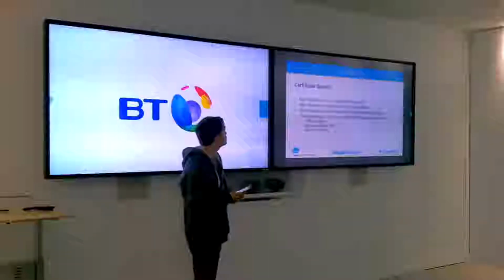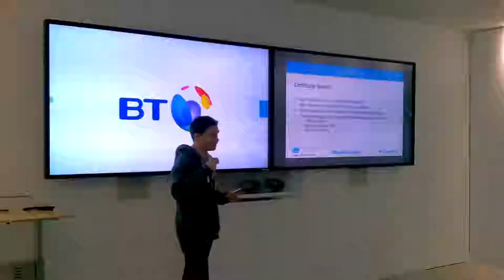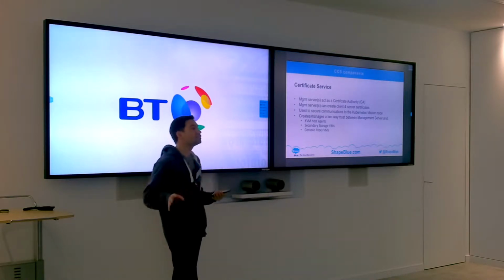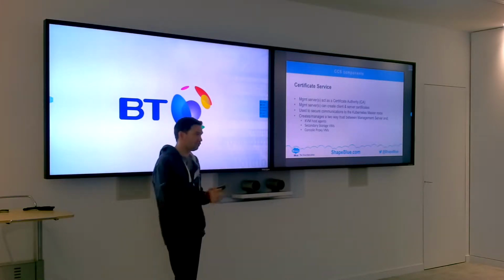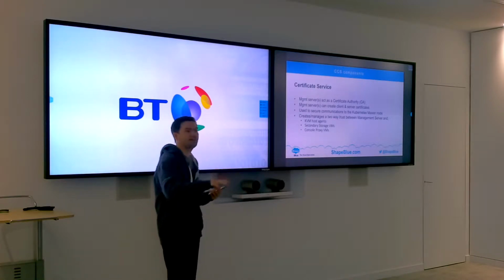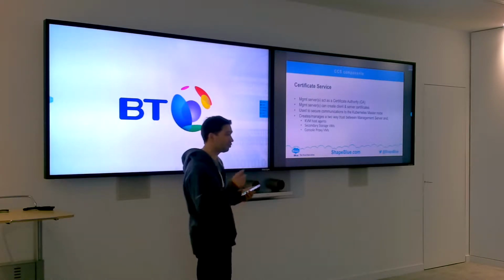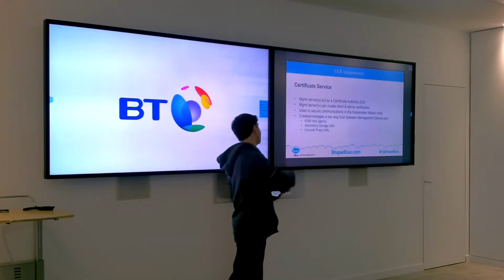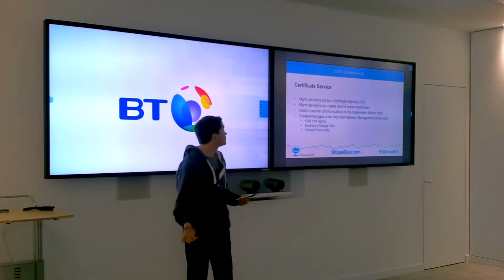So the certificate service enables the CloudStack management servers to be a certificate authority. They can be an authority for anything within the CloudStack realm, and then authenticate anything within the CloudStack realm. It enables it to create client and server certificates.